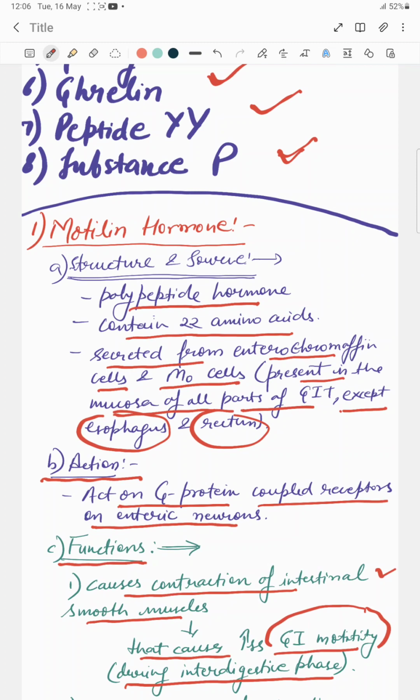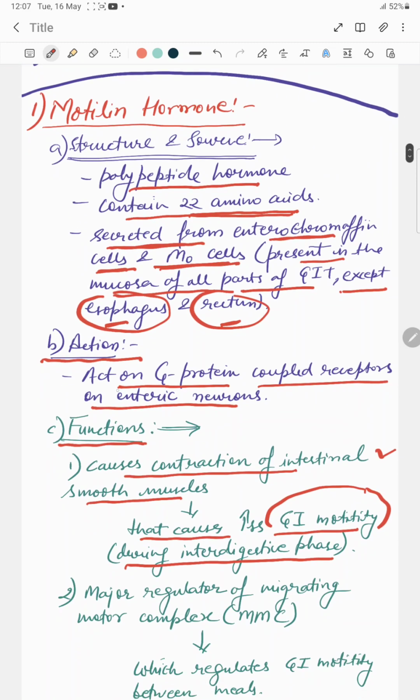Now the structure: basically it's a polypeptide hormone which contains 22 amino acids. It is secreted from enterochromaffin cells and M cells. These cells are present in the mucosa of all parts of the GIT except only the esophagus and rectum.